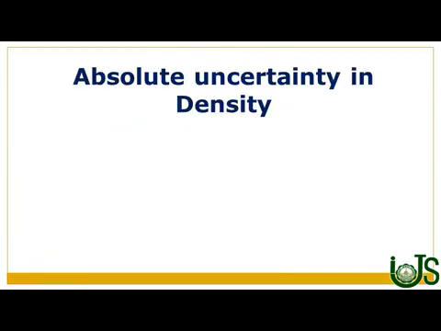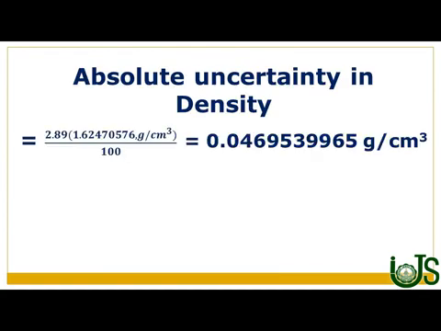To get the absolute uncertainty in density, you use the relative uncertainty in density times the original measured value divided by 100. So 2.89967795% multiplied by 1.62470576 grams per centimeter cubed, divided by 100.